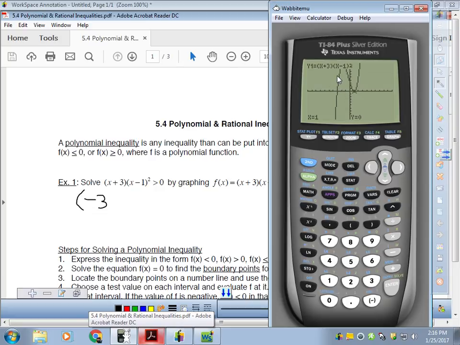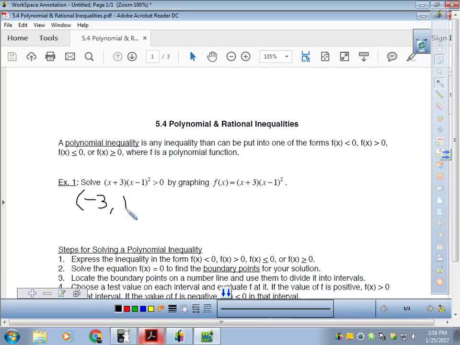And then it's greater than 0 all the way until we get to this spot right here, at 1. At 1, I have to stop again, with a parenthesis, because at 1 it's equal to 0, it's not greater than 0. All right. And then I put a union, and then I'm going to do another interval.